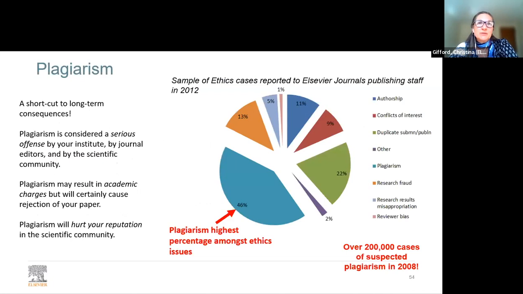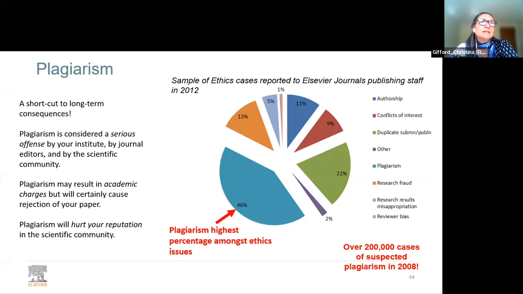Plagiarism was the most common: in sample cases reported to Elsevier journals back in 2012, 46% involved plagiarism. Next was duplicate submissions, or publications of the same article in more than one journal.